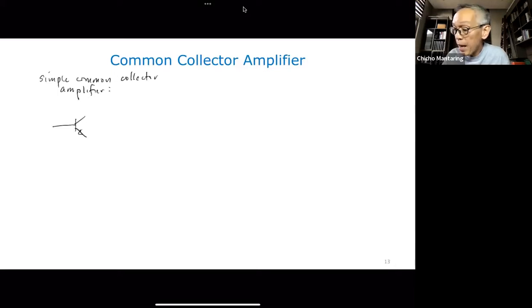My input is applied to my base. My output is obtained from my emitter. Now there has to be a resistor here. If there's no resistor there, then there will be no voltage across which I can measure my output. Now my collector is actually connected to my VCC.